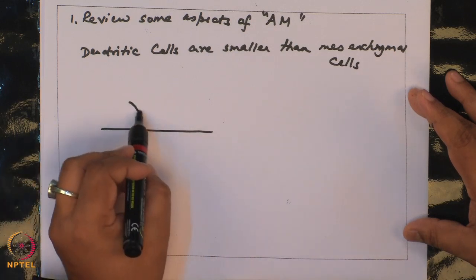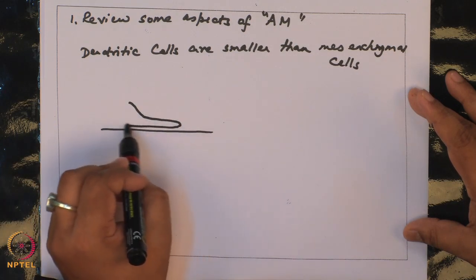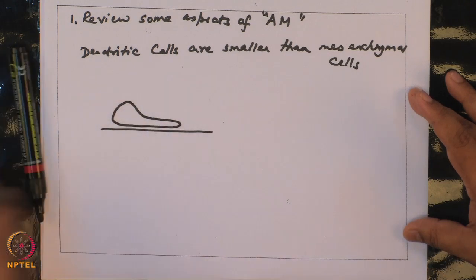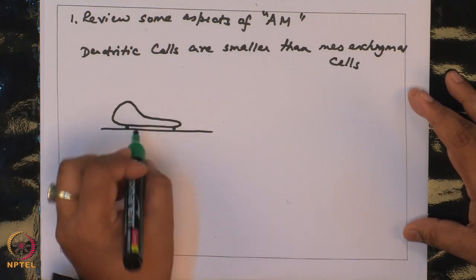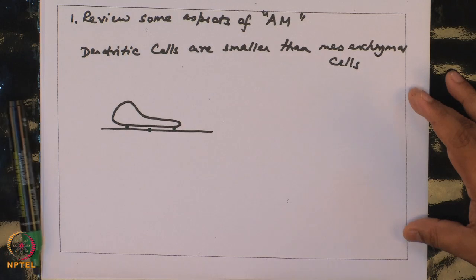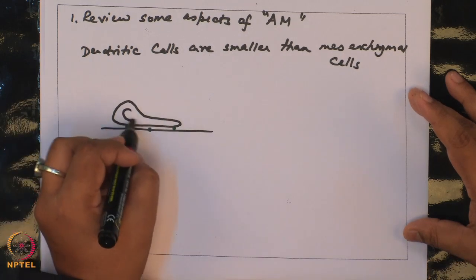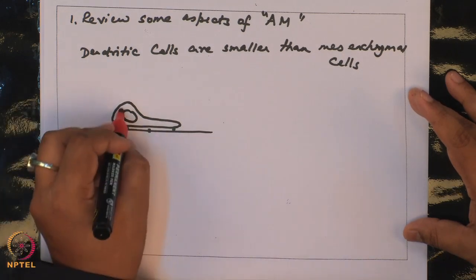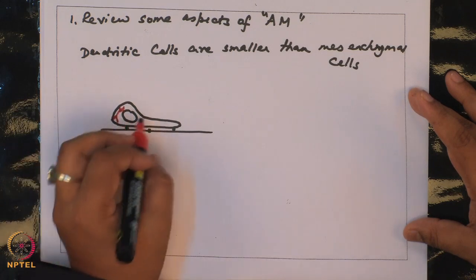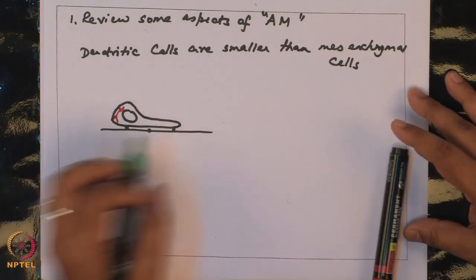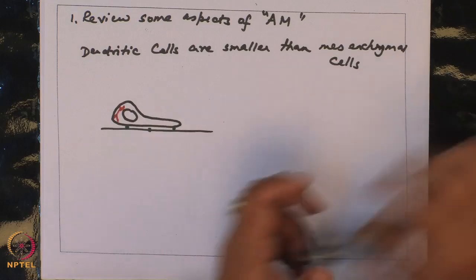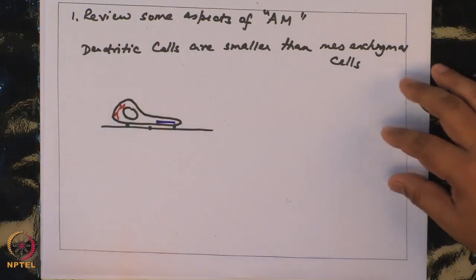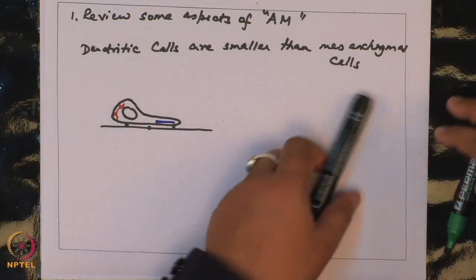Let me draw again. You have these adhesions, and you have the nucleus. What I will also draw, these protrusions I can draw in blue. So, you have 3 things.